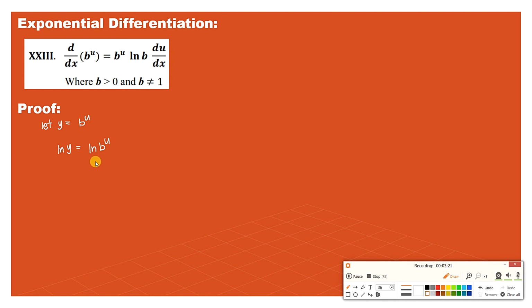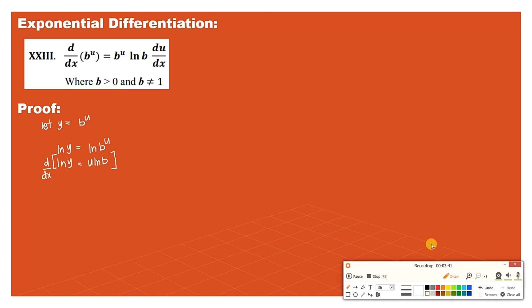So, pwedeng i-ln or multiply both sides by logarithm. So, yung right side, yung exponent na u, pwede nang ibaba. Okay, so this is ln of y. Tapos, pwede na nating i-derive diretso with respect sa x. So, hindi na tayo dumaan sa limits.